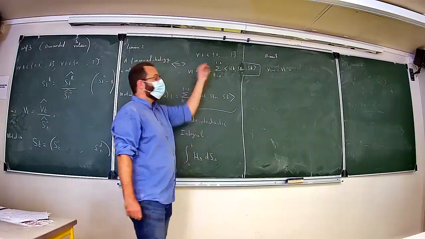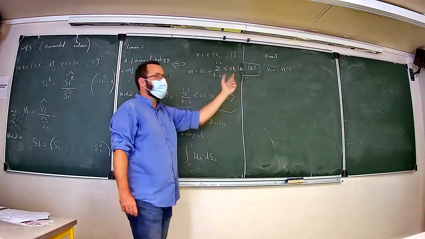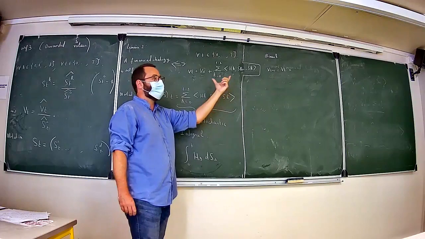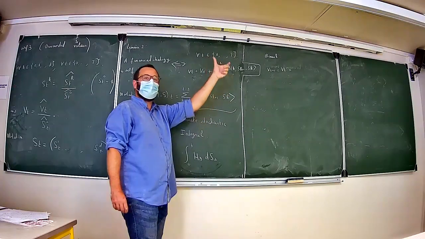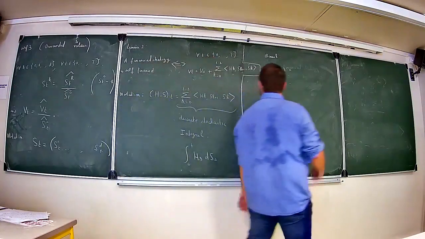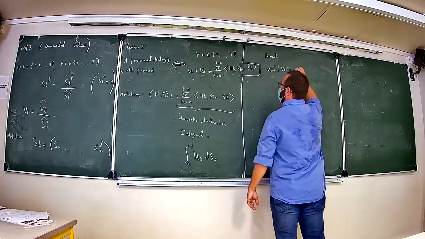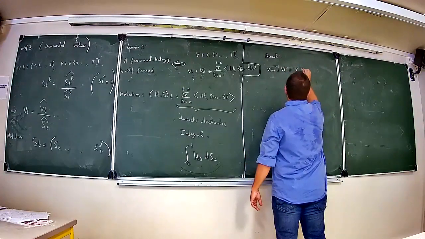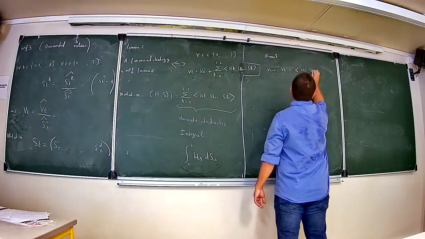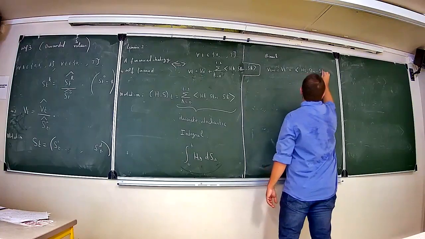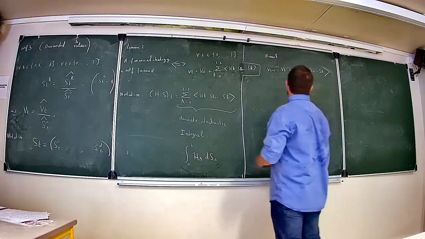So you see that at any time you add one term in the sum. If I take the difference between the actualized value at t plus 1 and t, I obtain something like this, that is ht (st plus 1 minus st).